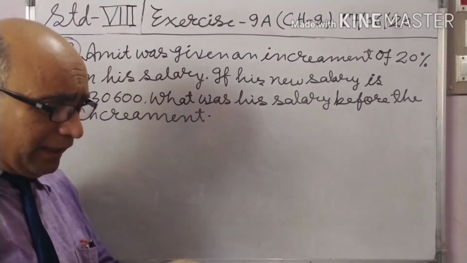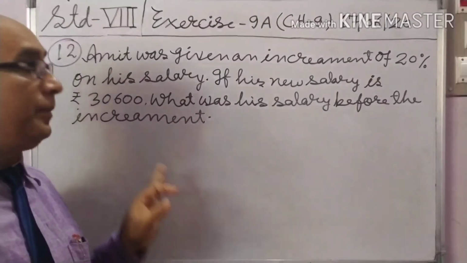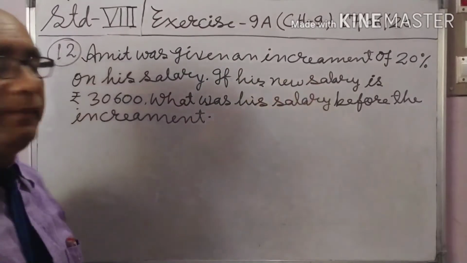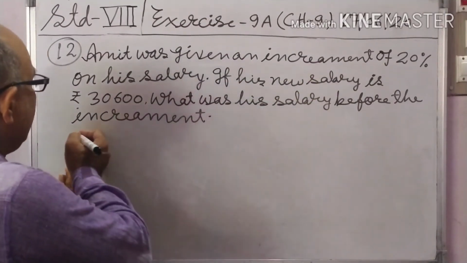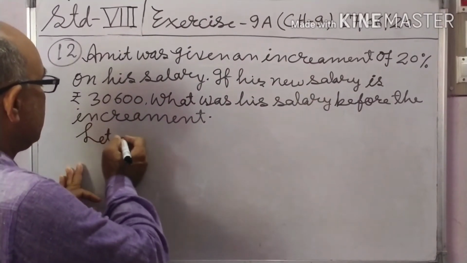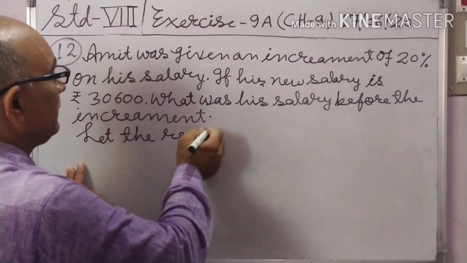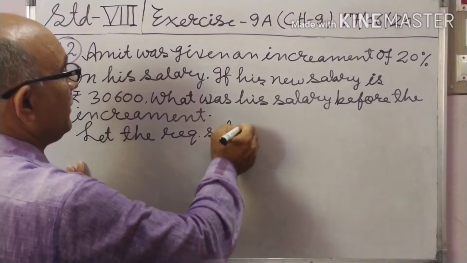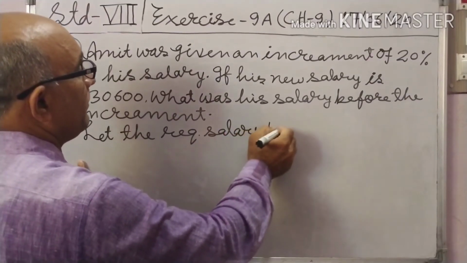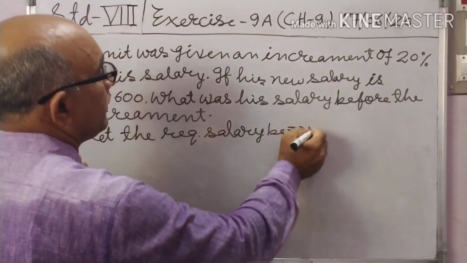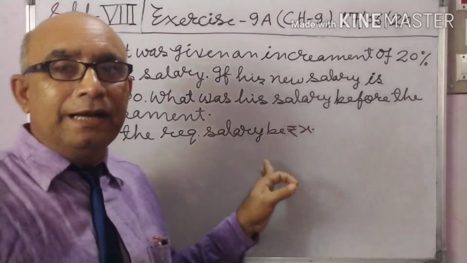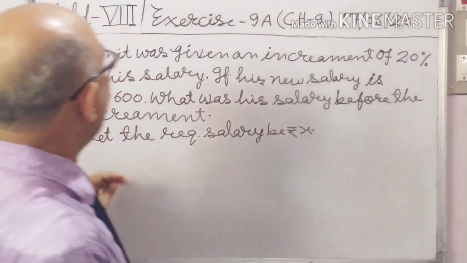We have to find here the salary of Amit before the increment. So let the required salary be rupees x. Let the required salary be rupees x.